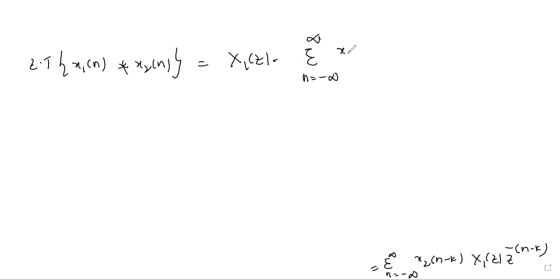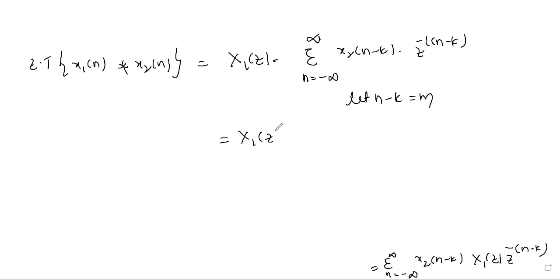So here what we have, left hand side, Z transform of x1 of n convolution x2 of n, we got it as X1 of Z into summation n equal to minus infinity to infinity x2 of n minus k into Z power minus of n minus k. So let n minus k equal to some other discrete time variable m.